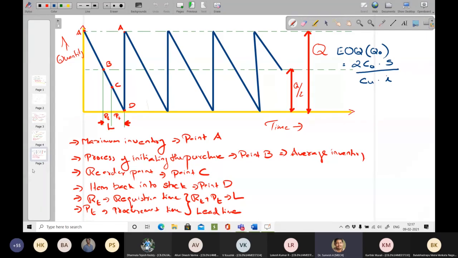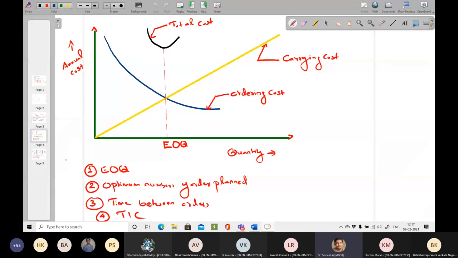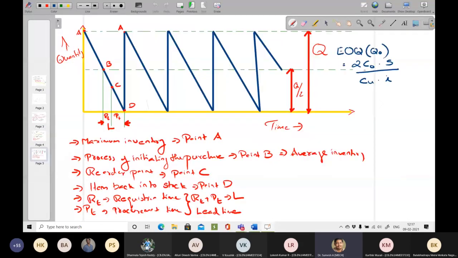Once you know the EOQ and the total demand, you can see how many orders you have to place in a year. Basically this equation you have to know for solving the problem in this part. Then the optimum length between orders: once you know the total demand and the order quantity, you can calculate the frequency easily, that is, when an order has to be placed.